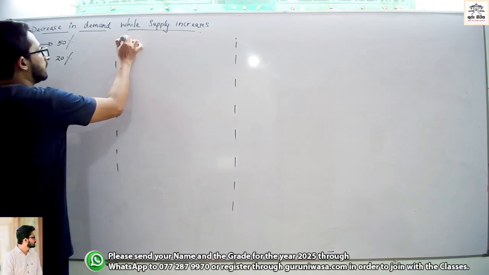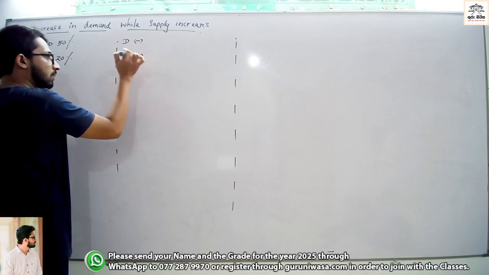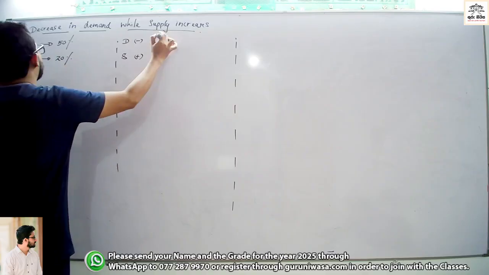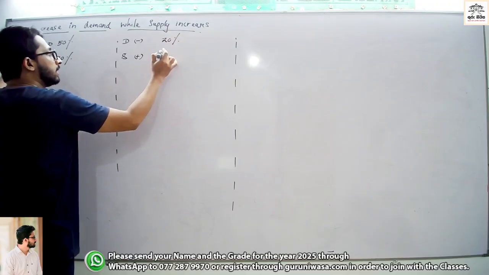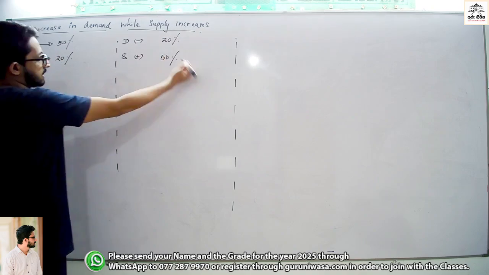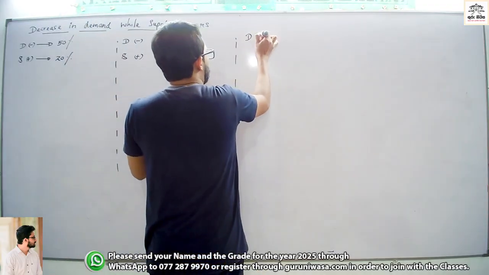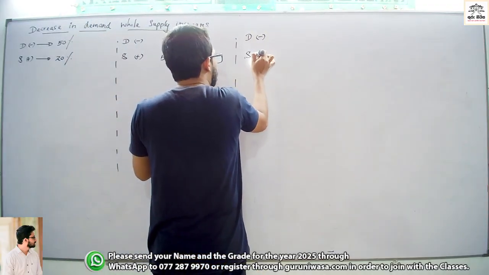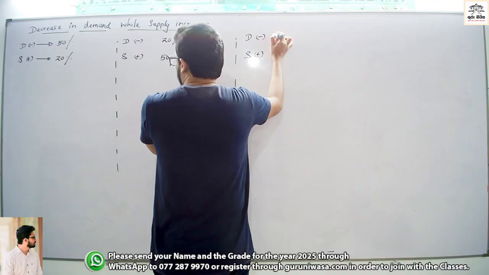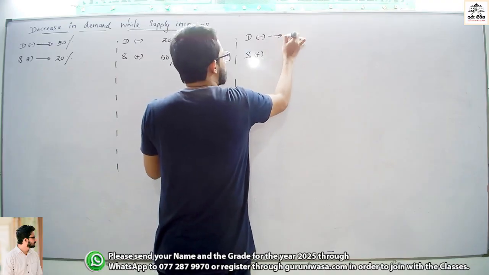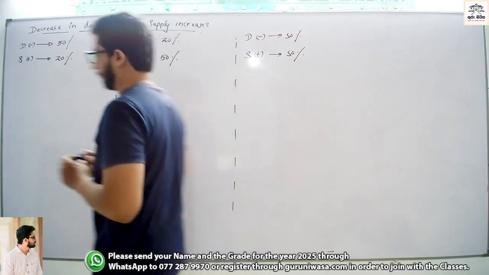Second one, demand decreases by 20%, supply increases by more than 20%. Third one, demand decreases and supply increases by the same percentage, same distance, 50% and 50%. Clear?